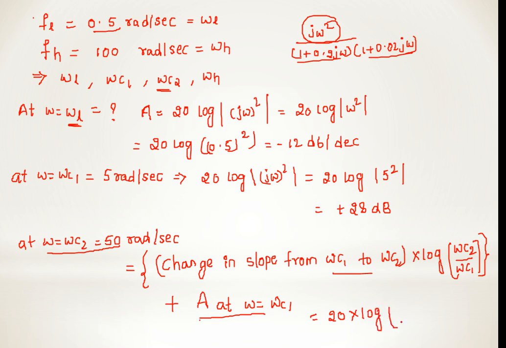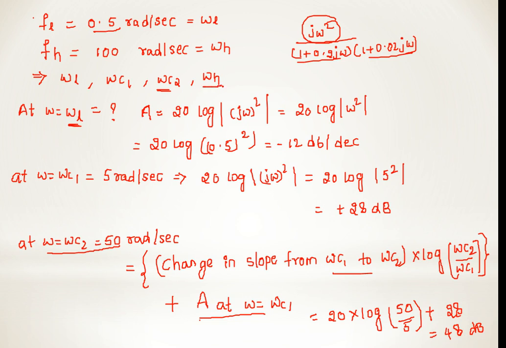The second corner frequency omega C2 is 50, the first corner frequency omega C1 is 5, plus the magnitude at omega C1, which is 28. So here you are getting the value 48 decibels.